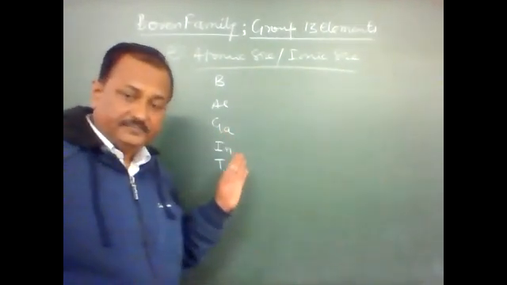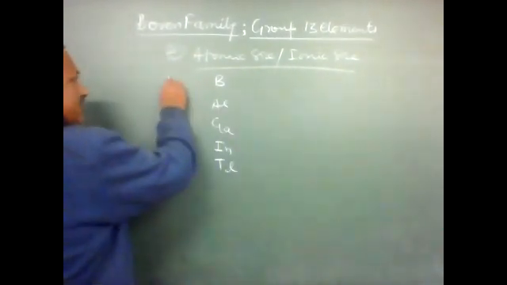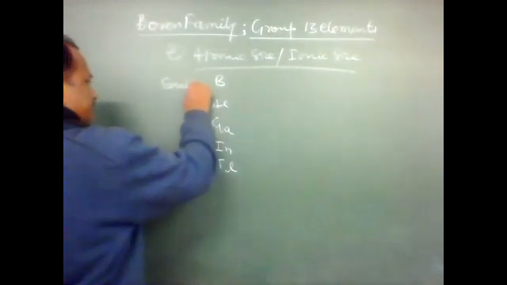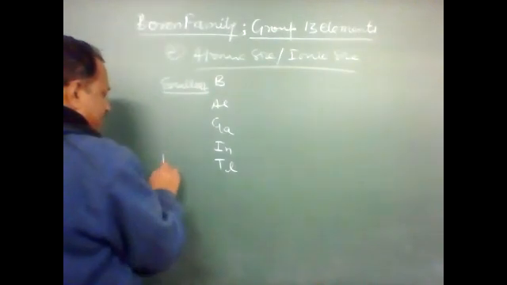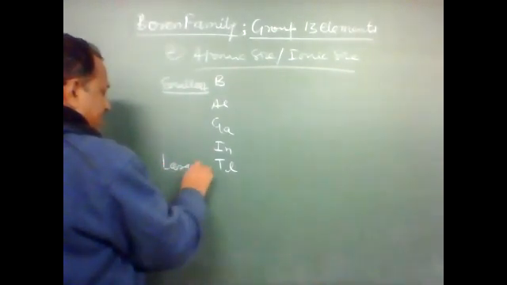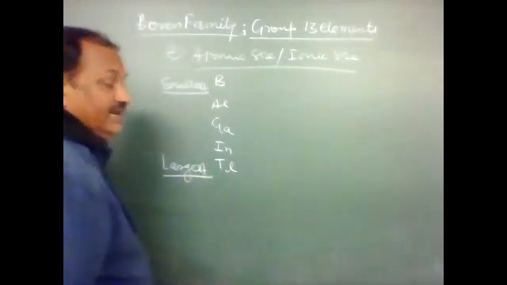Boron is the smallest element in this group, and thallium is the largest.